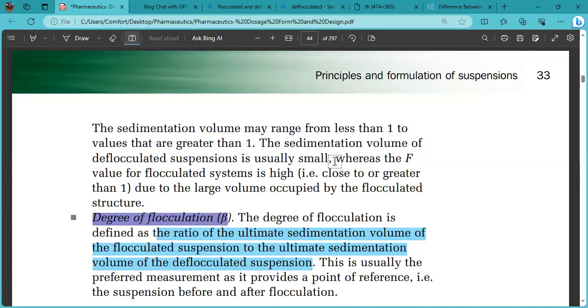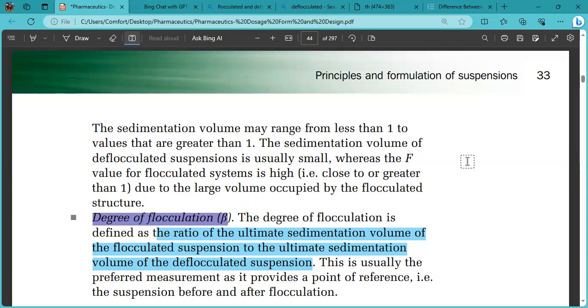If it's a deflocculated suspension, this value is low, meaning it should be less than 1. If it's significantly less than 1, then you know your suspension is a deflocculated suspension. Whereas if your value of F is really close to 1, or 1 itself, or higher than 1, then it's a flocculated suspension.